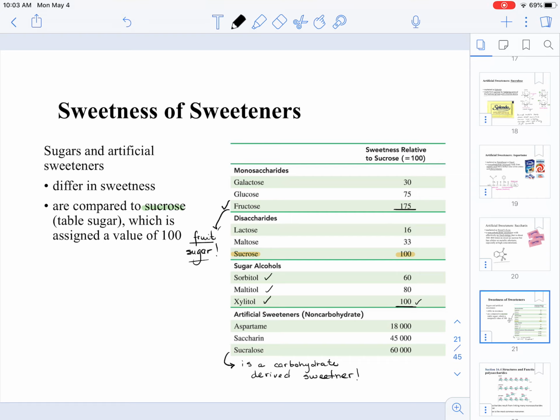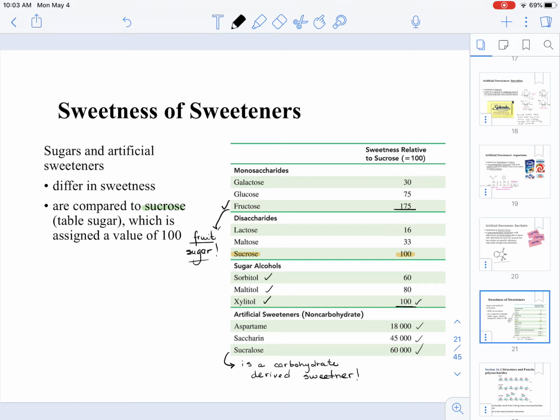Understand that when we look at the magnitude of how sweet they are compared to table sugar, aspartame is 18,000, saccharin is 45,000, and sucralose is 60,000. Remember, sucralose is the only one that is carbohydrate derived. Aspartame and saccharin are not. They are much, much sweeter than table sugar.